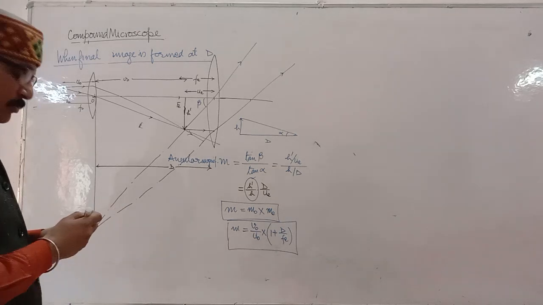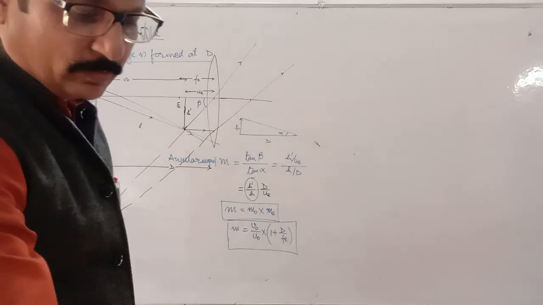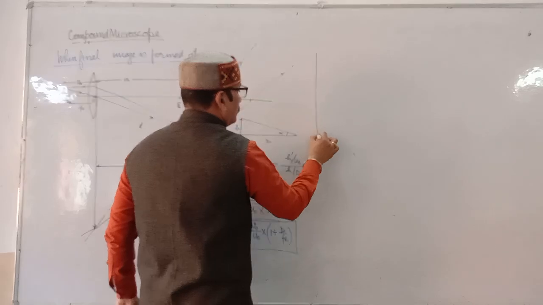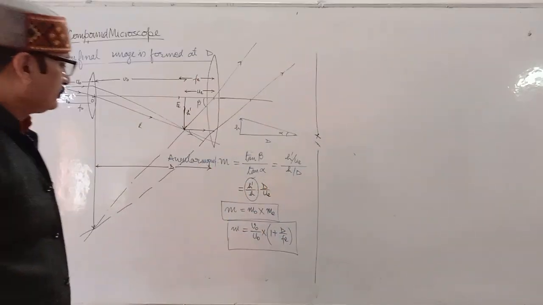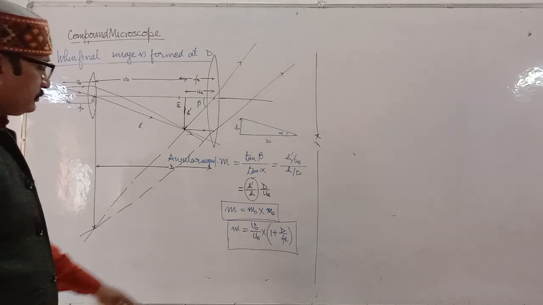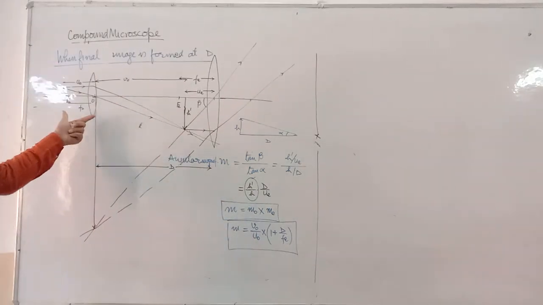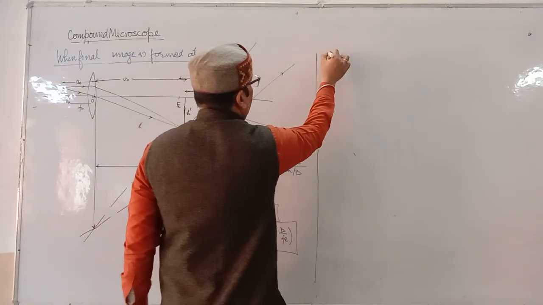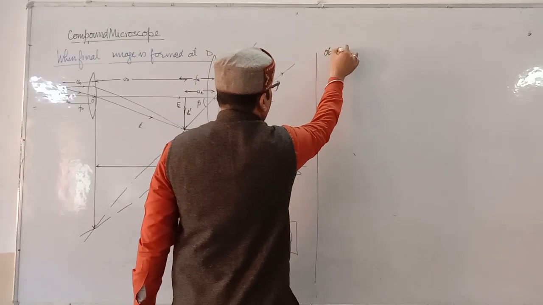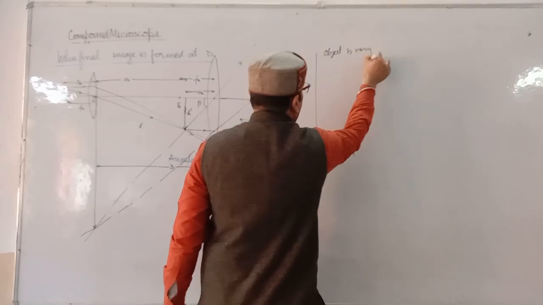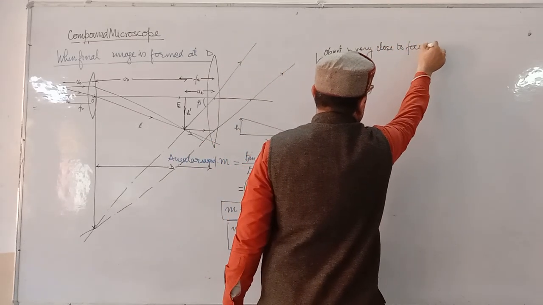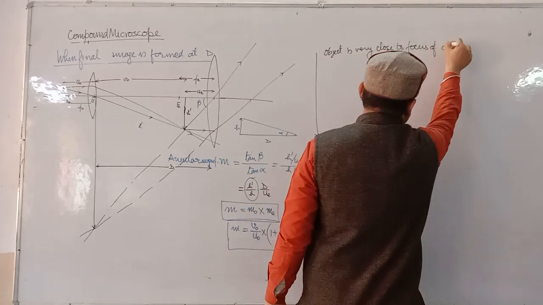Now we can add one more point here also. The object is kept very close to the focus of the objective lens. So we can put the value of u(o) as f(o), with a minus sign, since the object is very close to the focus of the objective lens.